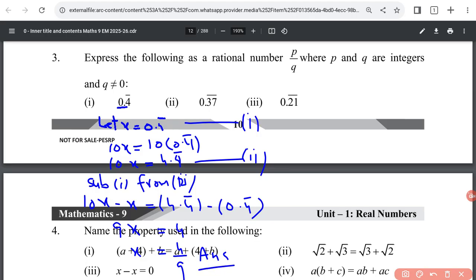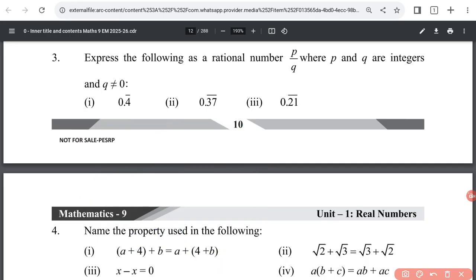Okay dear students, now we move towards the next example, next question, that is 0.37 bar. So let x is equal to 0.37 bar.